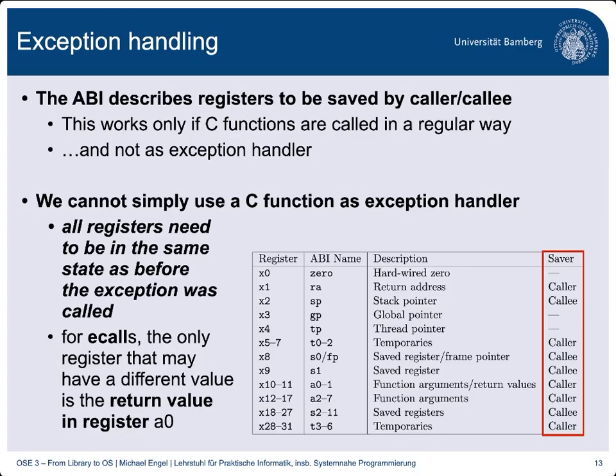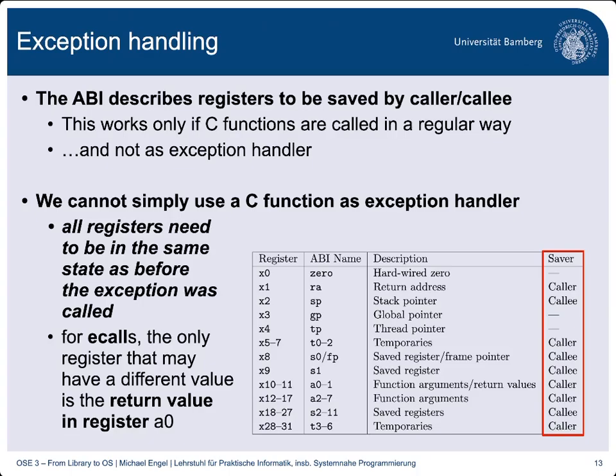So which registers do we have to save when we call an operating system function, so a system call? We already said the application binary interface, when we call regular functions, describes the registers to be saved by the caller of a function and by the called function. But this only works if C functions are called in a regular way, not as an exception handler.